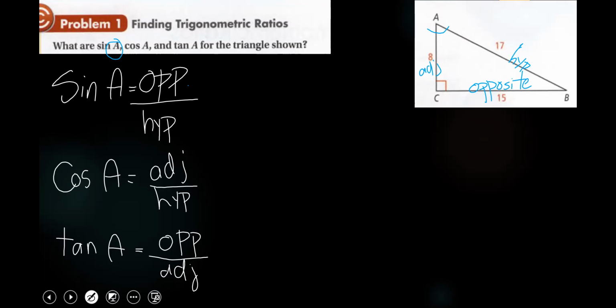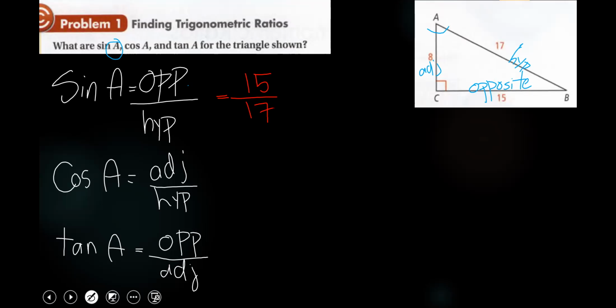Let's now solve them. Where is the opposite to angle A? It is 15. Where is the hypotenuse? 17. So sine A is 15 over 17.